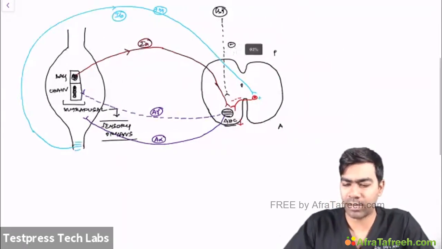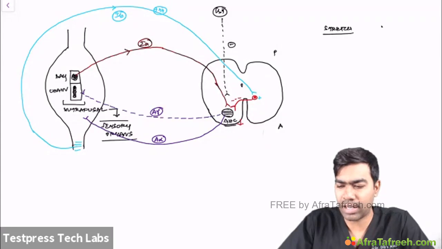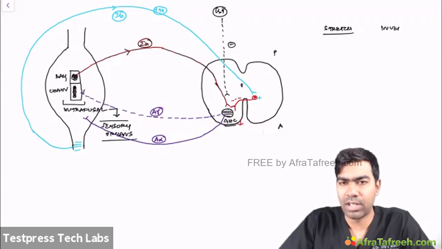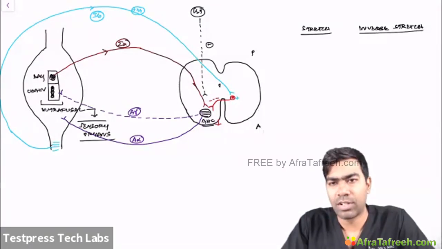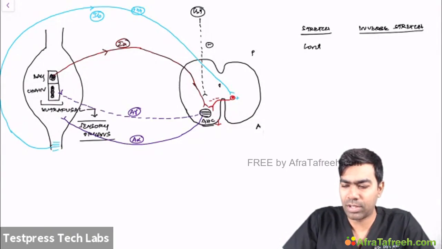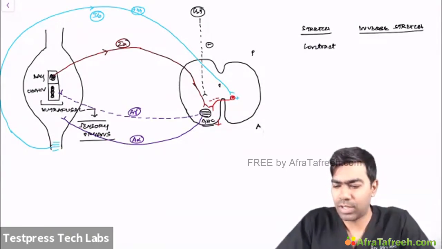It's not a basic stretch reflex. So you have two things: one is the basic stretch reflex, and the second one is the inverse stretch reflex. As far as the stretch reflex is concerned, we know it's going to contract the muscle in response to stretch, and the inverse stretch reflex is basically going to relax the muscle.